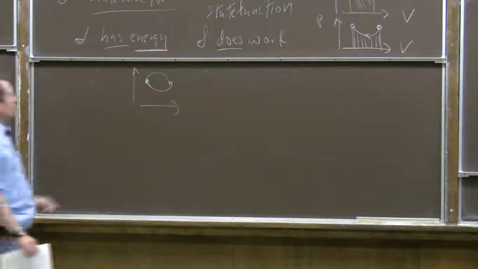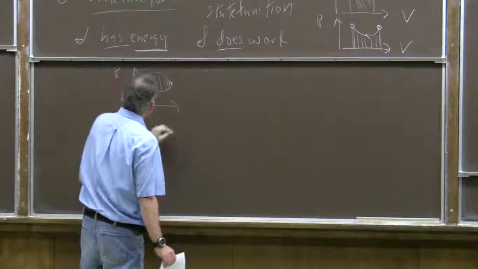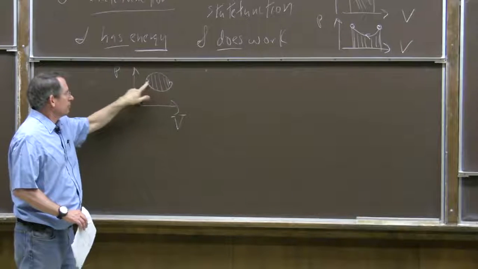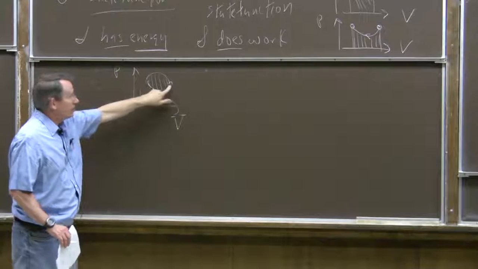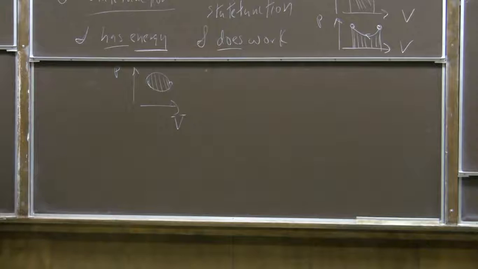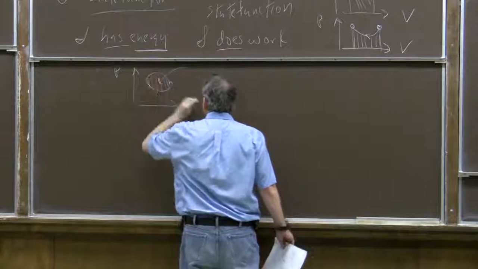And the net work done is the total area enclosed. That's the difference between the area under the upper curve, the work done by the system while it's expanding, and the area under the lower curve. Minus that is the work done by the system while it compresses, or in other words, the work done on the system while it's being compressed. So this is the net work done, this area.